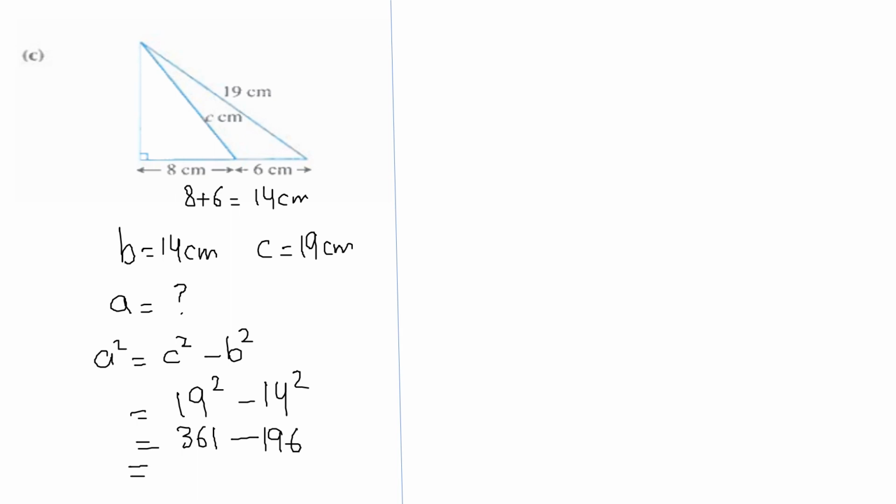By subtracting these two, you will get 165. Now A squared is 165. I have to find A, that is I will take the root on both sides. A squared in root of 165. This cancels with this, and A, you will get the root of 165 is 12.85, right? 12.85, and the unit is in centimeter.